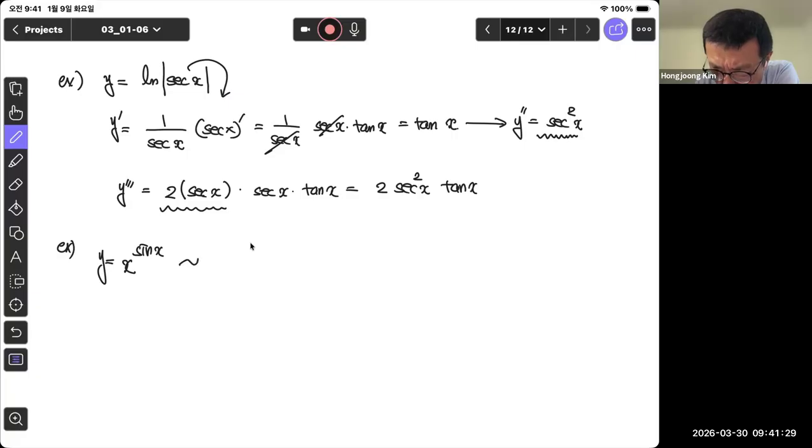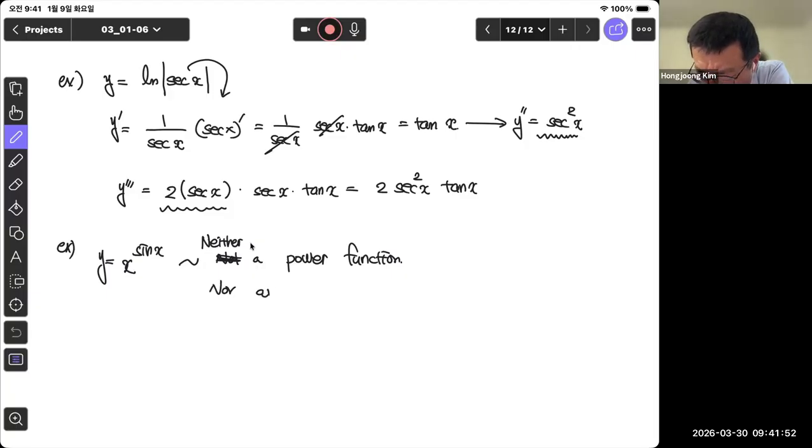Note that this is not a power function, and this is not an exponential function.